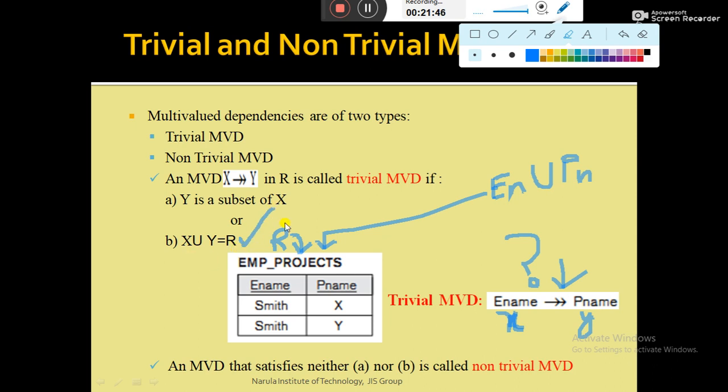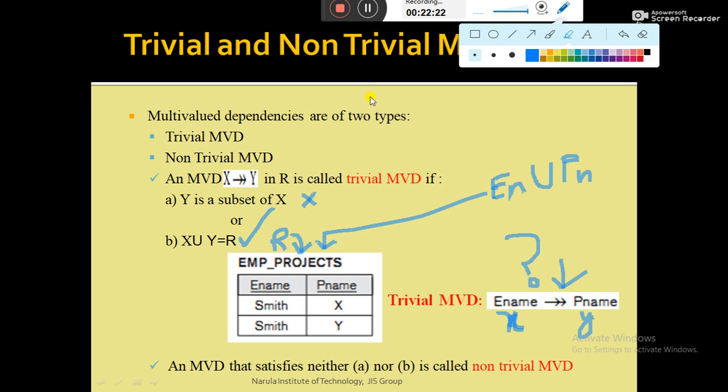The first condition is not holding here, but condition B is satisfied. If we union these two attributes, then we get back the original relation EMP_projects. So we call this multi-valued dependency a trivial multi-valued dependency. An MVD that satisfies neither A nor B is called a non-trivial multi-valued dependency.